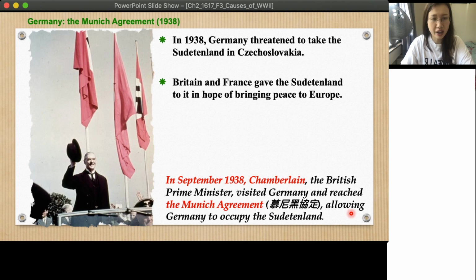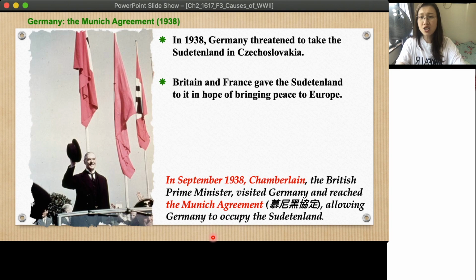Finally, they gave Sudetenland to Germany in hope of bringing peace to Europe and allowed them to occupy Sudetenland. Maybe from here, you may see that the British are so weak, and it's not a negotiation, it's like a celebration for Germany to have Sudetenland, right?